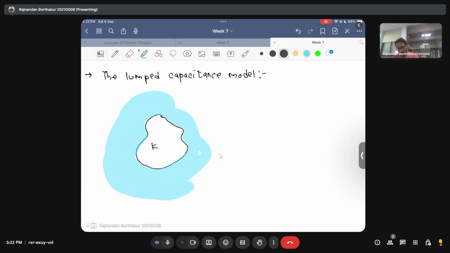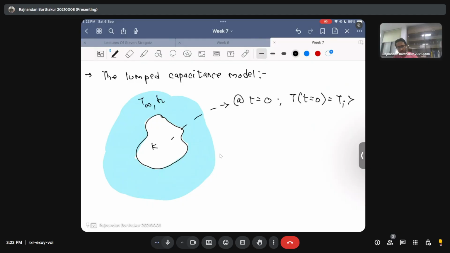So this is the surrounding fluid into which the lump body is immersed. Let's say this is at some temperature T infinity, and it possesses a heat transfer coefficient h. So at time t equal to 0, the temperature of this lump body is some Ti, and you can assume that this is much greater than T infinity. Kind of the quenching problem that I said.